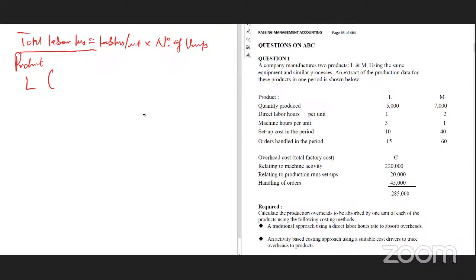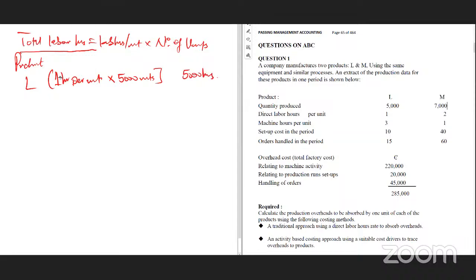How many labor hours were used? One. We use 1 hour per unit, right? For every one unit, we use 1 hour. But how many units were produced? We produce 5,000 units. If one unit is 1 hour, then 5,000 will be 5,000 hours, not so.